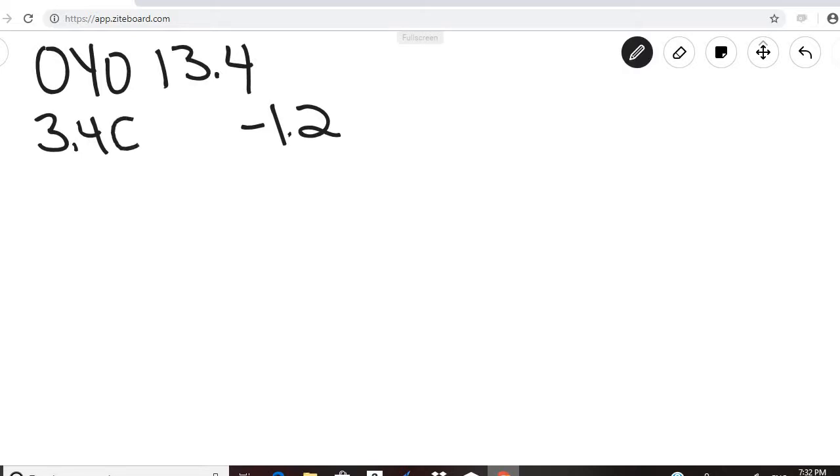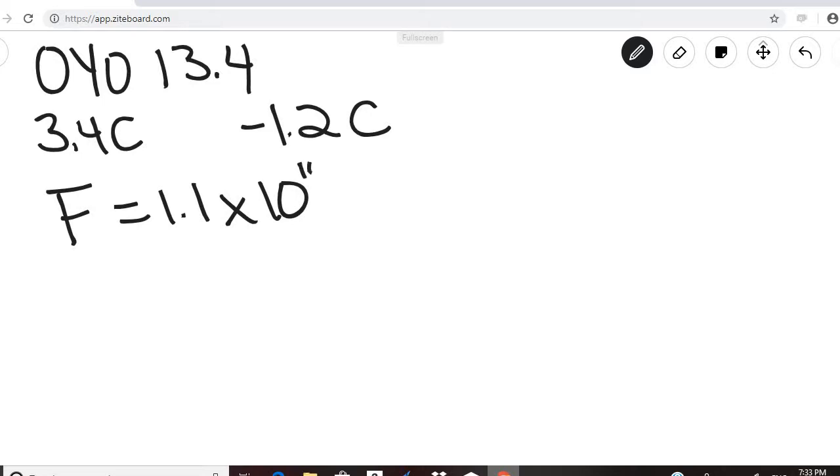Okay, so this is a 3.4 coulomb and a negative 1.2 coulomb charge. And now we are told that F is equal to 1.1 times 10 to the 10 newtons. And at that instant, how far apart are the two charges?